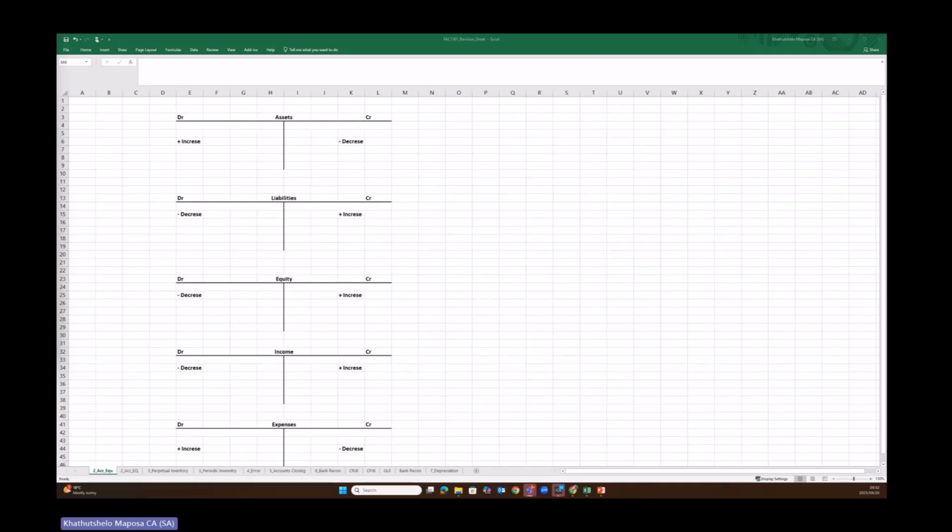Okay. Remember, there is a difference between the shareholders or the owners of the business and the business. Even legally speaking, those are two different individuals. The one is a legal entity. The other one is a natural person.